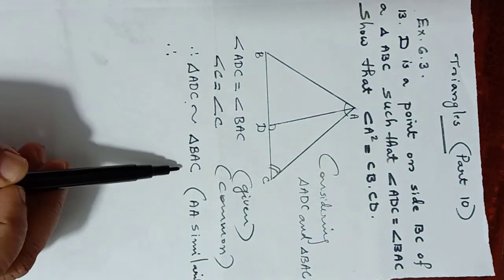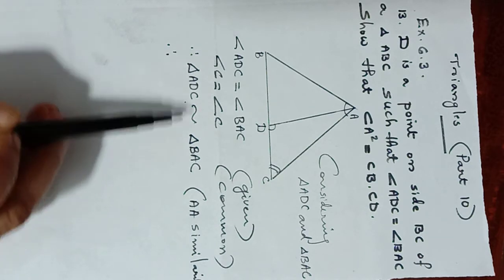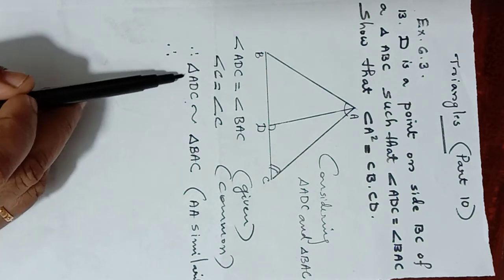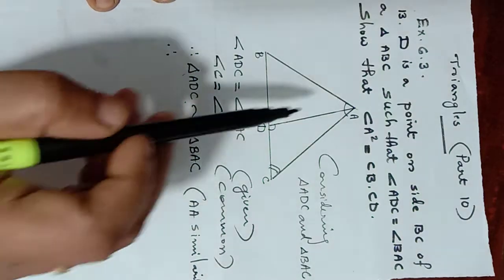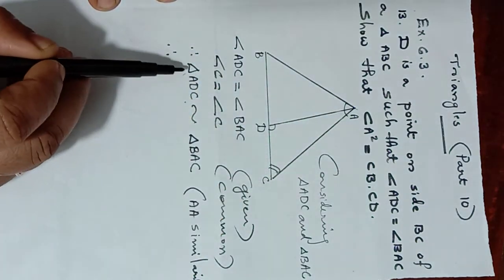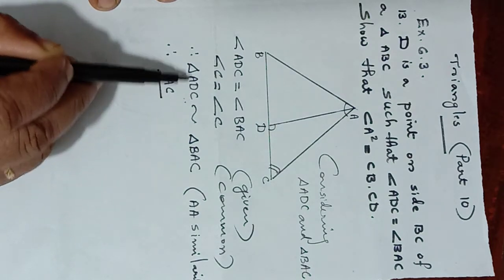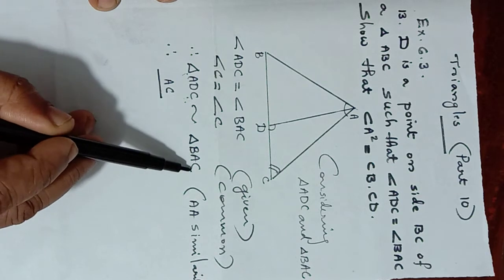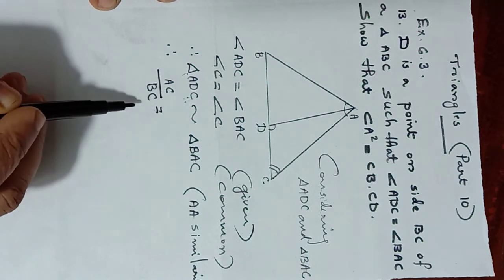If two triangles are similar, we get three ratios: AD by BA, DC by AC, AC by BC also. So let us see which one we need. We need CA by CA, or we will take it as AC. AC by, if we take AC, it will be BC. AC by BC equal to.